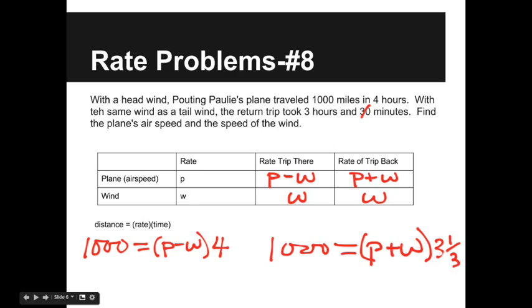All right. We have two equations. We have two variables. We can solve it. What is this setup to look like right now?